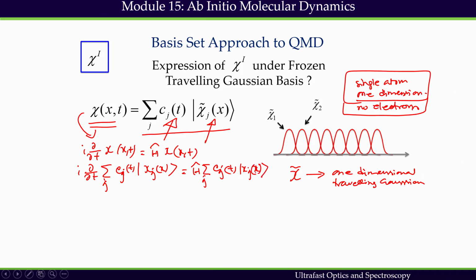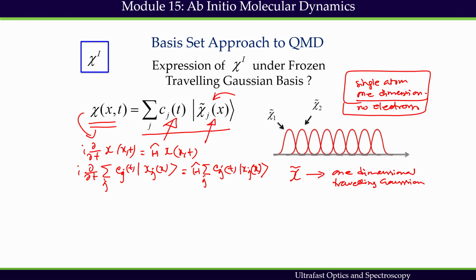We have assumed that this traveling Gaussian function or trajectory is not time dependent. In our next derivation, we will consider it to be time dependent, but in this derivation we are not considering it to be time dependent.